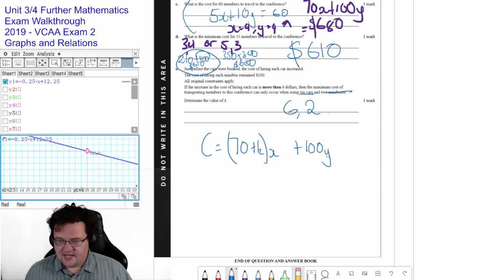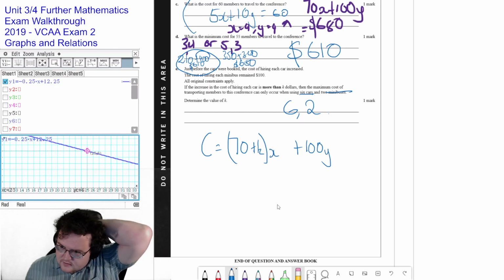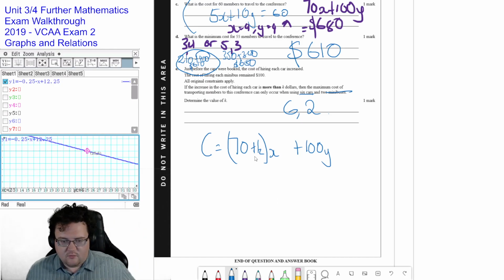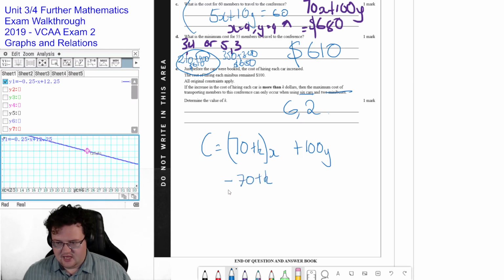Now, if I rearrange this into a straight line equation, this line has a gradient. This line here, in fact, has a negative gradient. The gradient of the line is negative 70 plus K over 100.